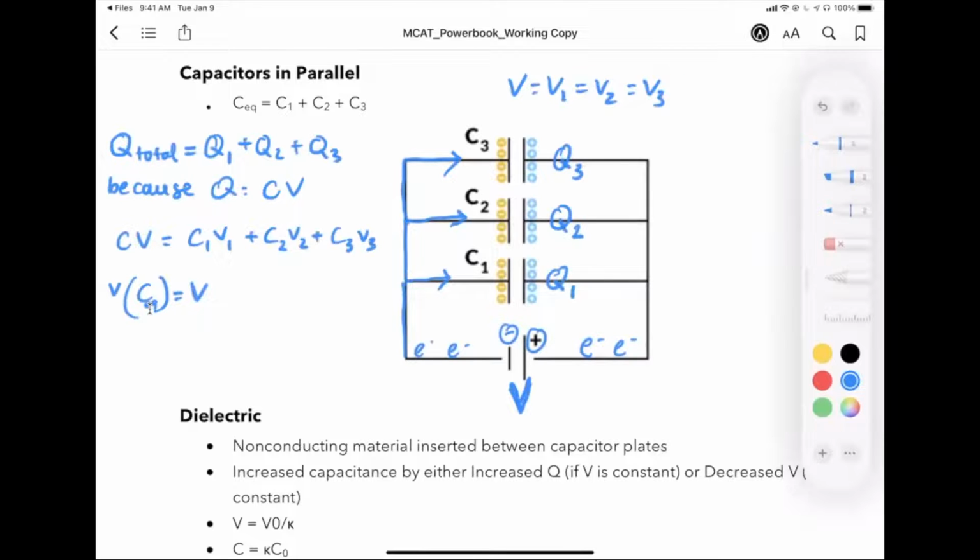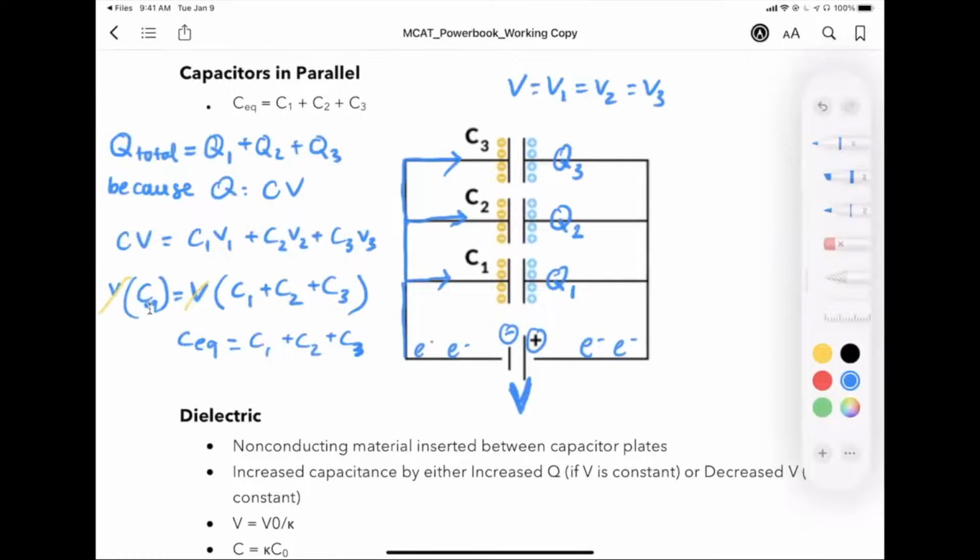Then this gets simplified to C1 plus C2 plus C3. And because I have V on both sides of the equation, I can divide that, cancel that out. We get the equation that we see up here. The equivalent capacitance is the sum of the capacitances of the capacitors, right?